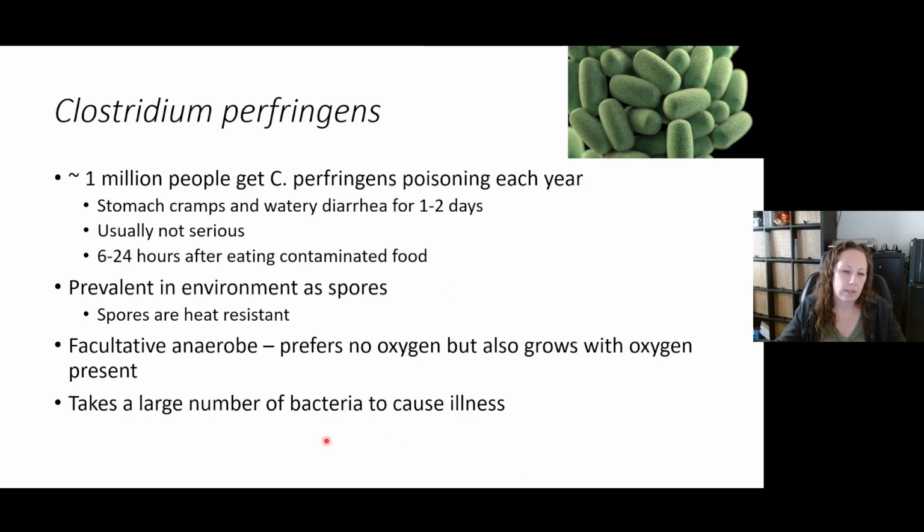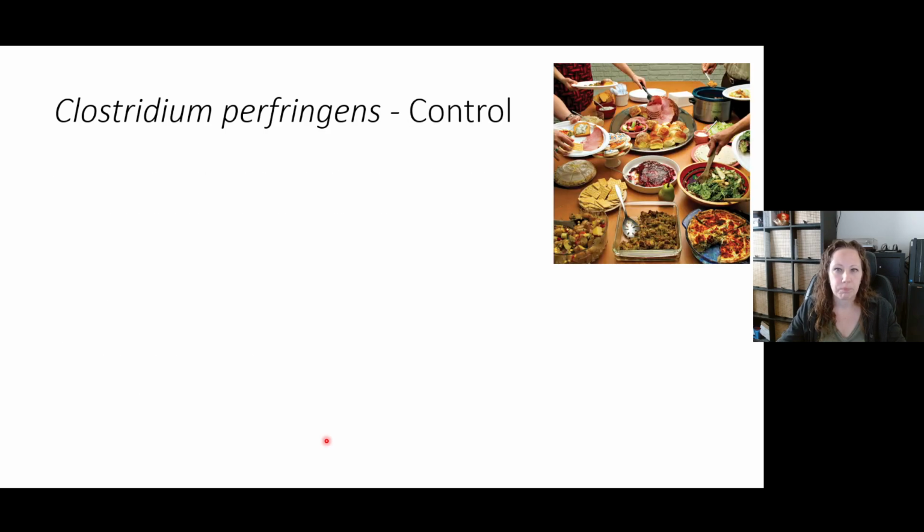How they cause illness is you consume a large number, then once they get to your intestines, they're going to produce the enterotoxin, and that is what will make us sick.